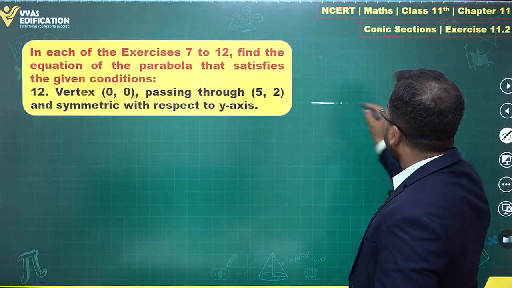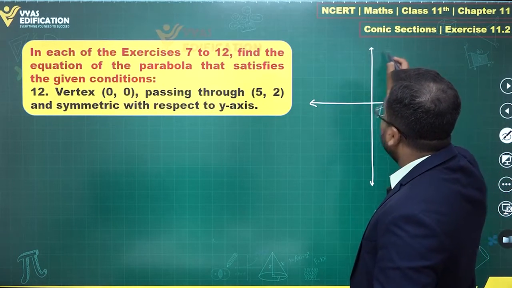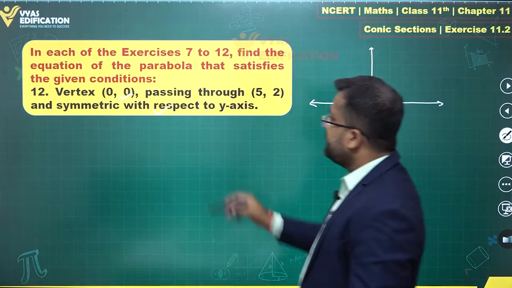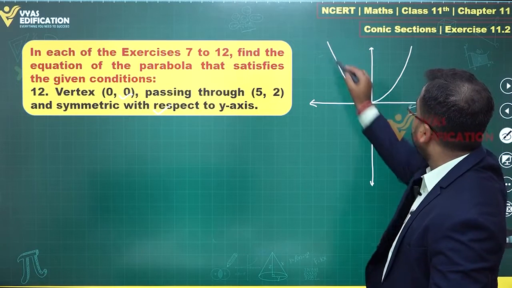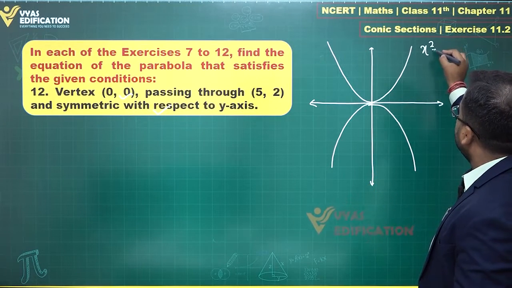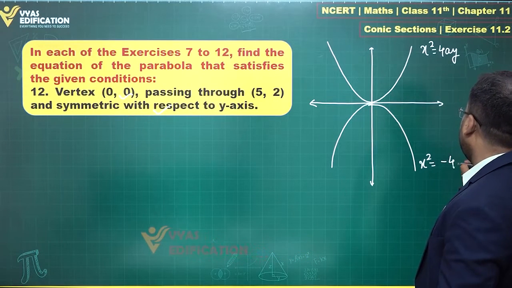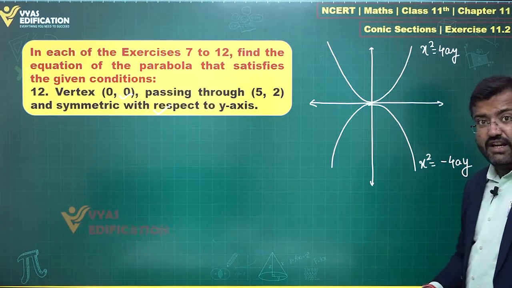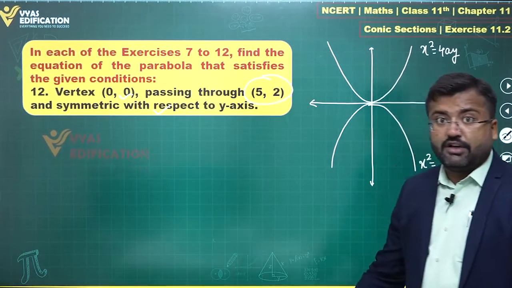When we talk about symmetric with respect to the y-axis and vertex at origin, there are two things: vertex at origin and symmetric with respect to the y-axis. The parabola will be either this upward facing or this downward facing, right? And the equation will be x square is equal to 4ay or x square is equal to minus 4ay, right? But then there's another condition that the parabola passes through (5, 2).